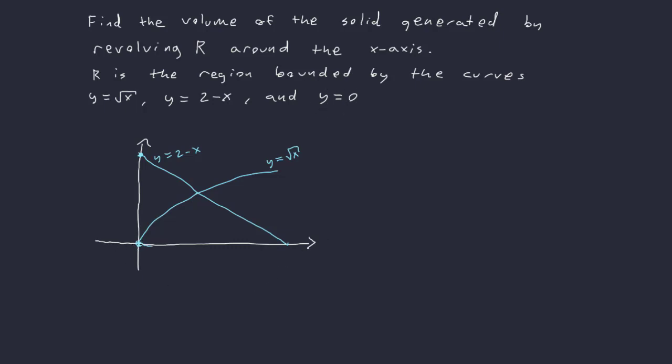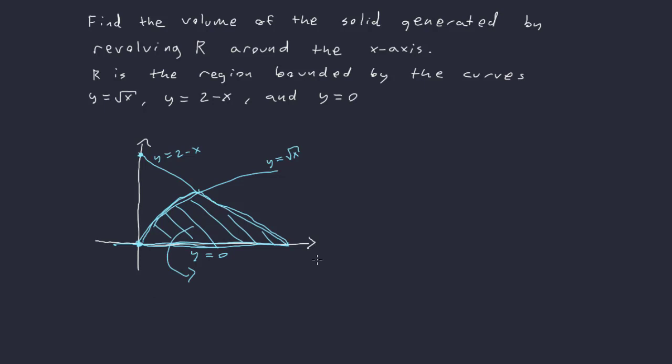The y equals 0 is here. So the region that is actually bounded by all three is this one. It looks something like this, and we want to revolve this around the x-axis.